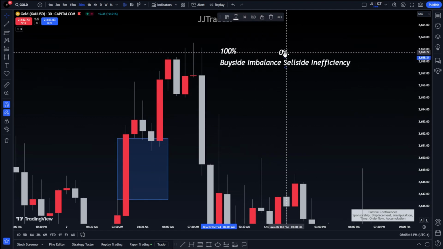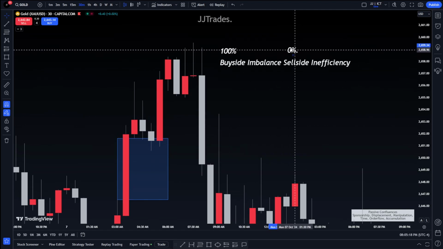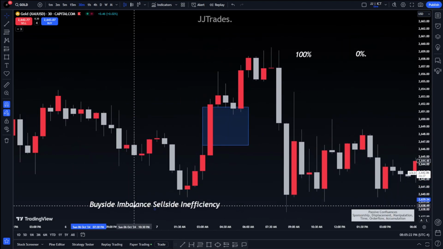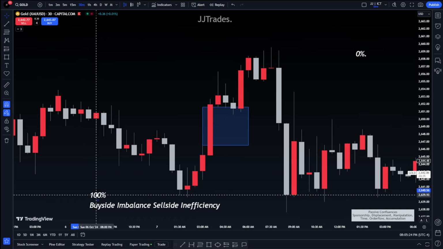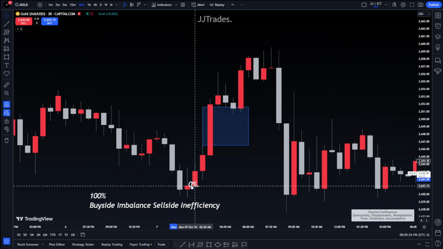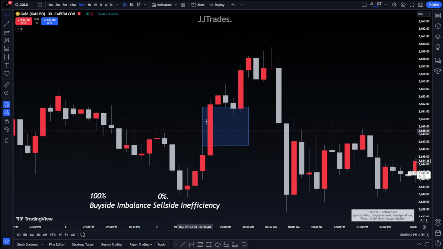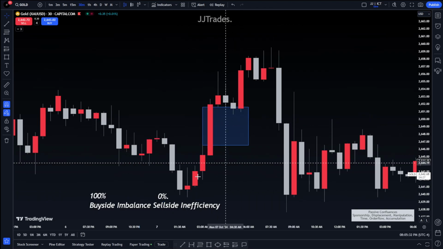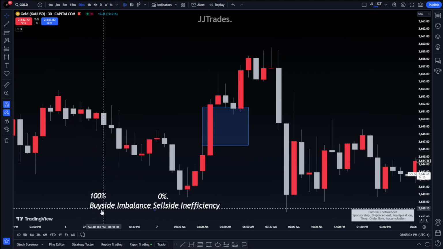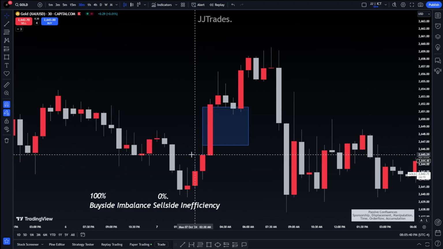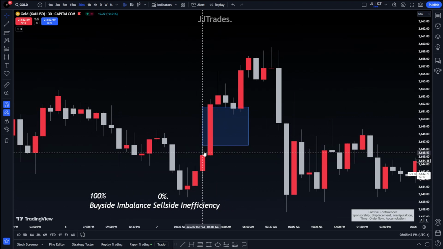So there was 100% of buy side being offered. Let's drag this possibly down here. So that means there was 100% of buy side being offered and 0% of sell side being offered. Within that range there, there was 100% buy side being offered. That means there was way too much buy side, which created an inefficiency or a fair value gap, a bullish fair value gap.